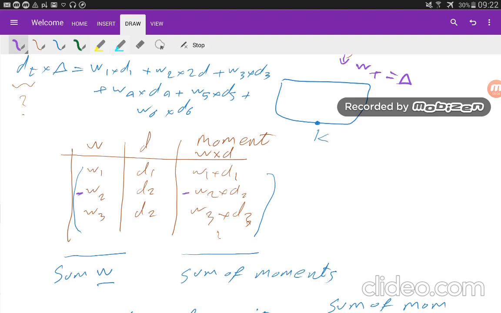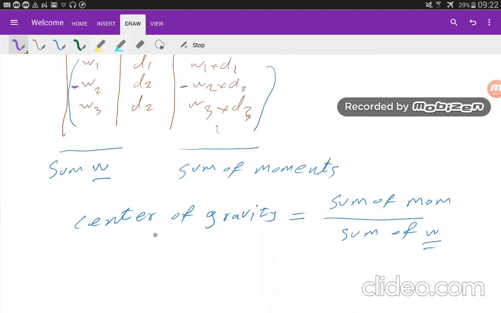So if you add the cargo, you mention the weight in the table as a plus, and if you remove it, you mention it as a minus, and definitely in the multiplier also you have to consider the minus. While you calculate the sum of the moments, you have to take care which one was plus and which one was minus.